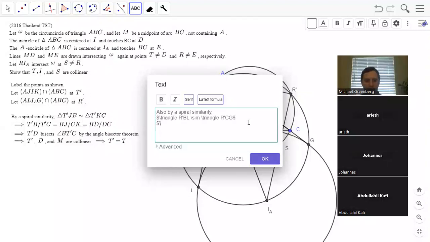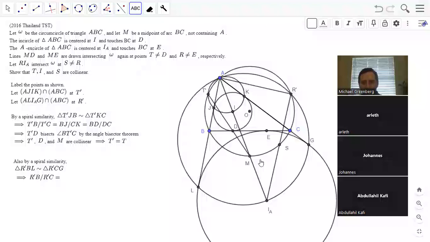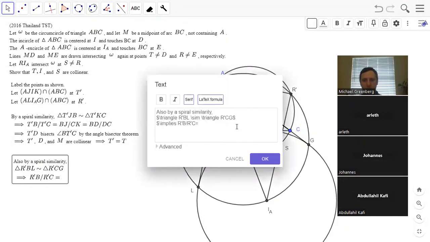And that means that R prime B over R prime C is equal to BL over CG, which is equal to BE over CE.